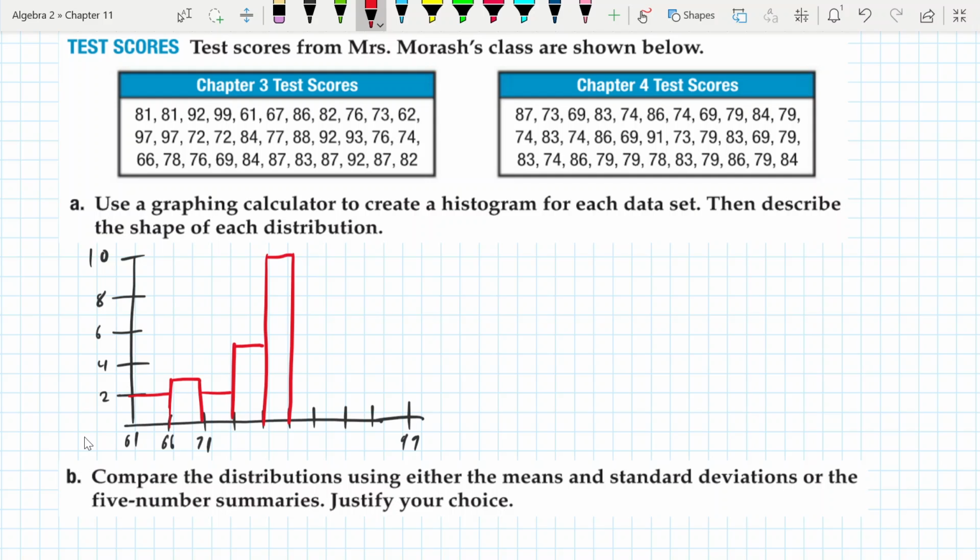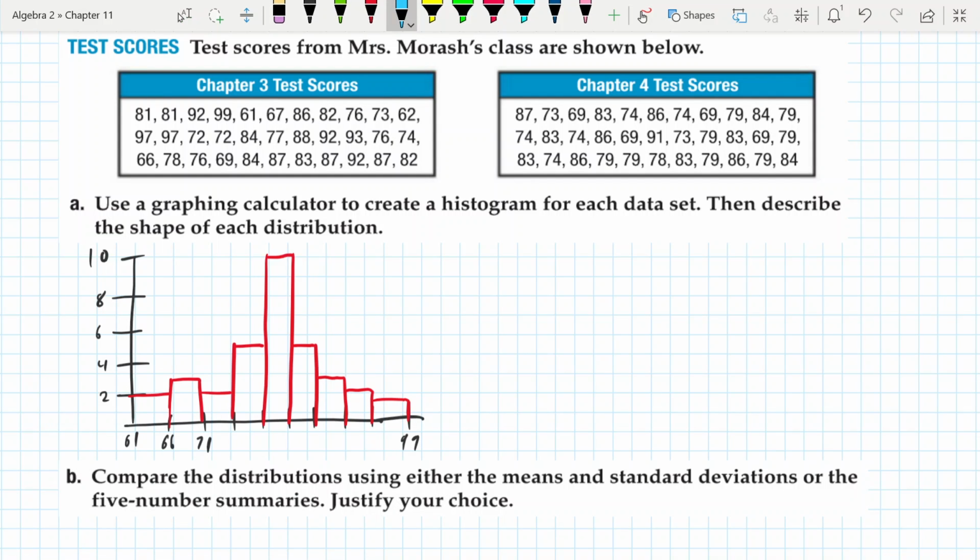Oh man, that one goes all the way up to 10. Got to bring that back down to 5s there, and 3s, 2s, and 1s. So there is my histogram.